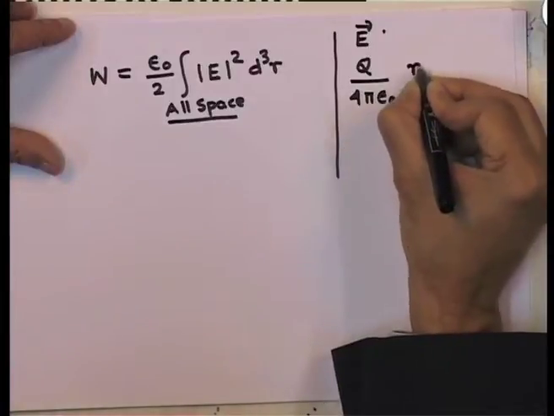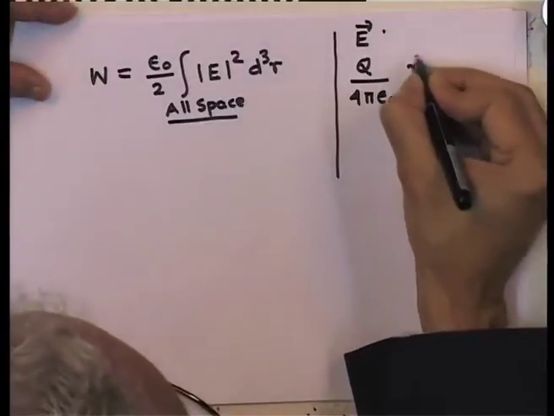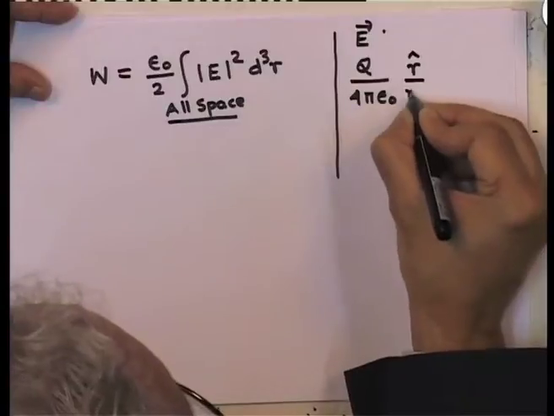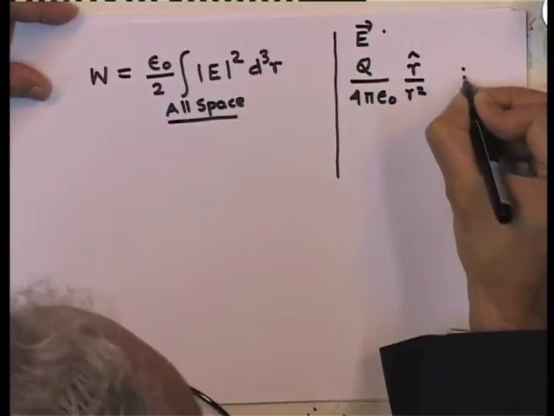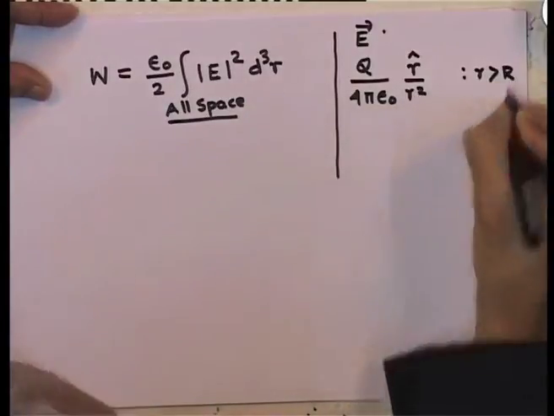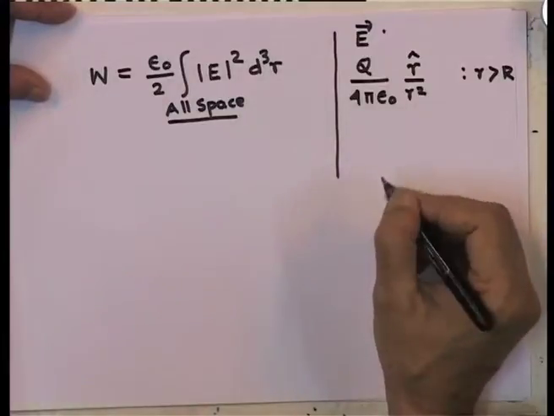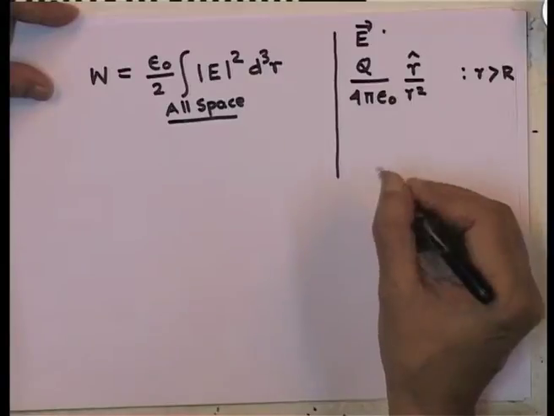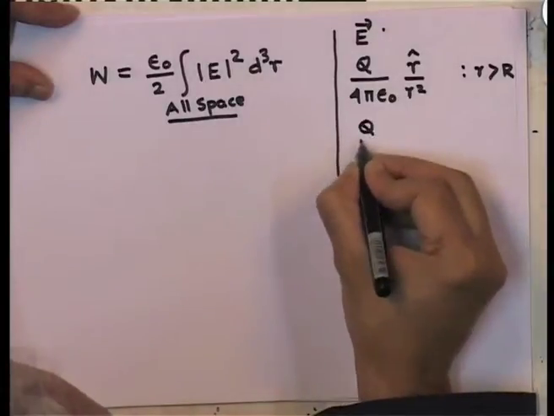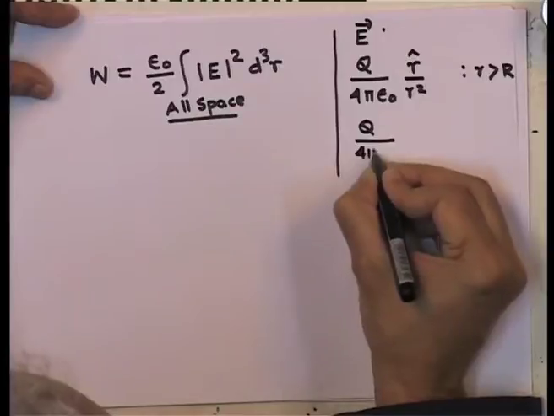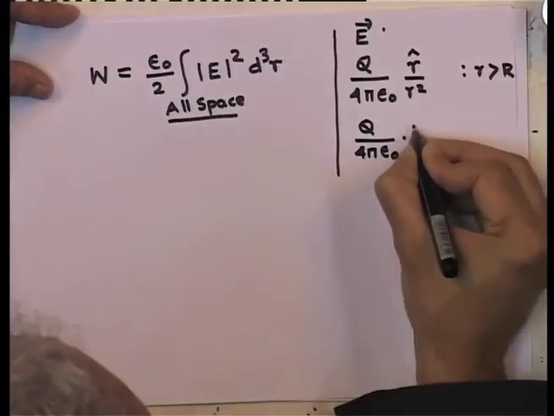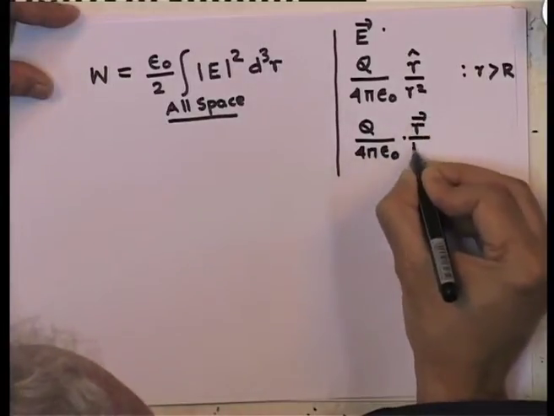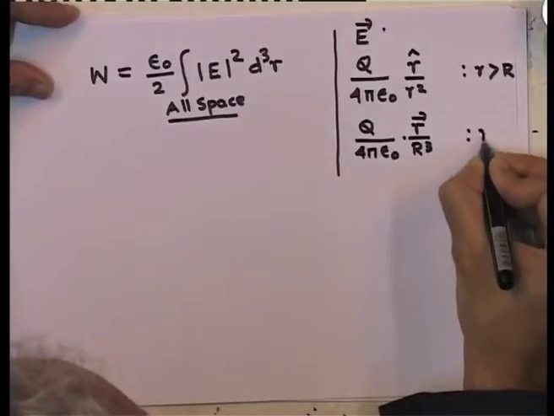So, it is q times unit vector r by r square, Coulomb's law, and that is for r greater than R. For r less than R, because only small r cube by capital R cube amount of charge is enclosed, the field is linear, and this was q over 4 pi epsilon 0, and this was vector r by R cube, and that is for r less than R.